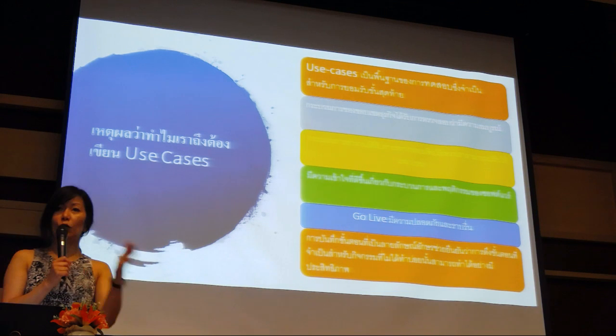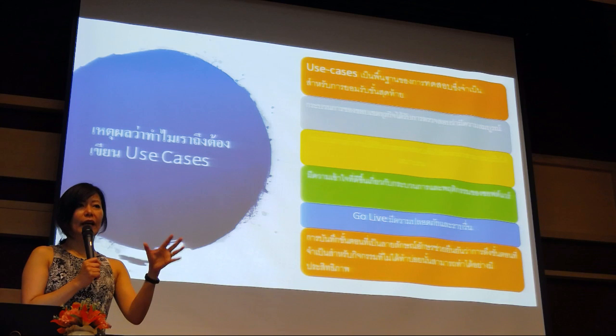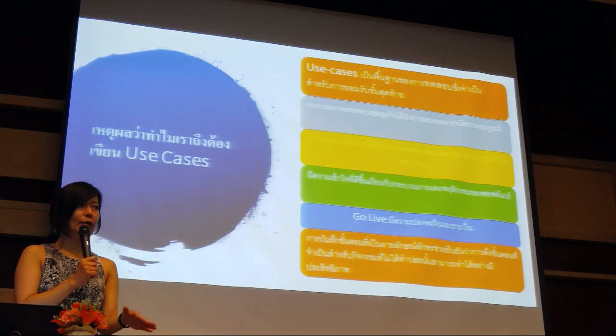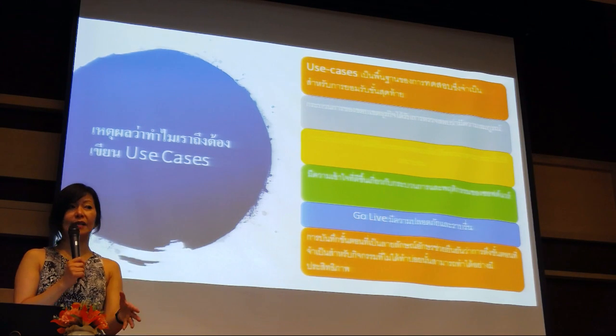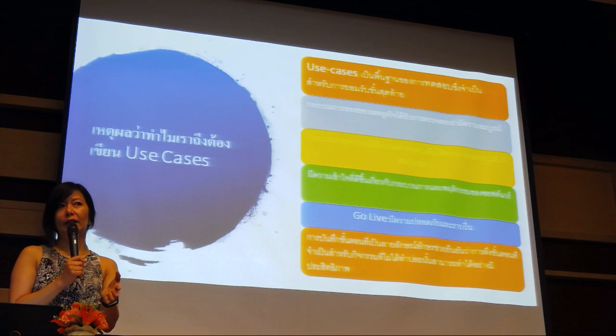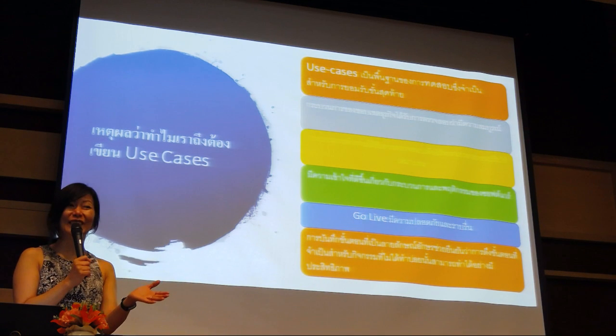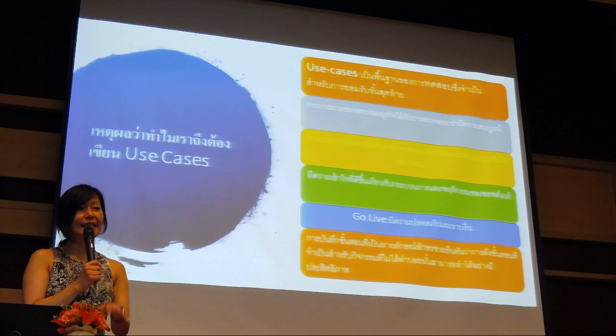So before we go live with the system, we can say, okay, we've got these use cases, say we have 600 use cases, all the departments, and then we have, let's say, 1,800 test cases. So we've tested everything.